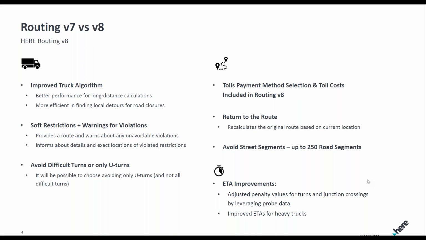And also the ETA improvement, which also relates to cost and has been improved a lot. This is just a quick recap of version 7 and 8. All of you who have attended the webinar are quite savvy with what has been presented by Marek. So let's jump to the questions quickly.